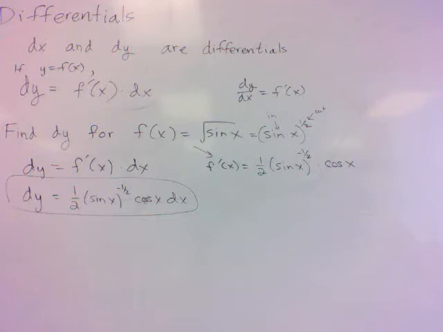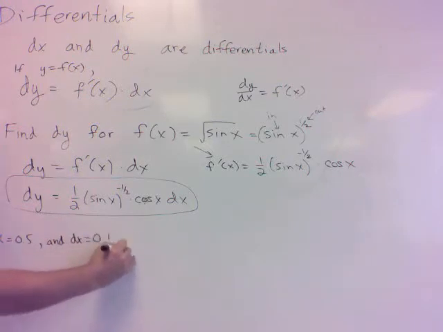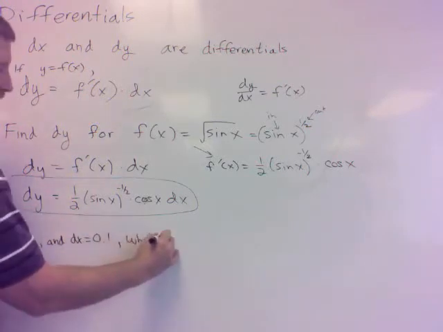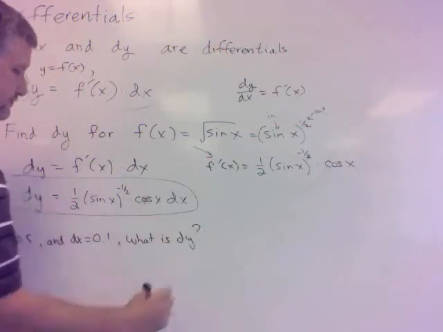All right. And really, the next thing we'll do, we'll actually plug in numbers. So let's say x is 0.5 and dx is 0.1. What's dy then for these?